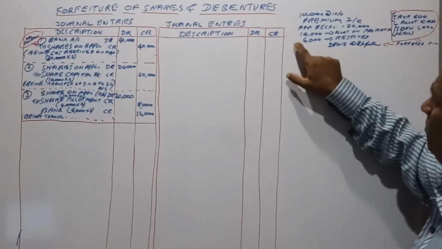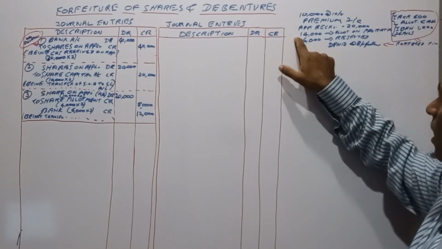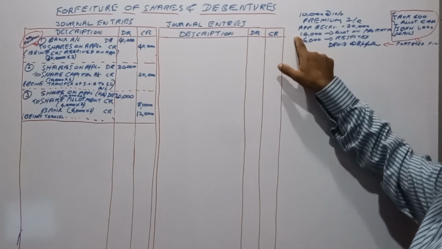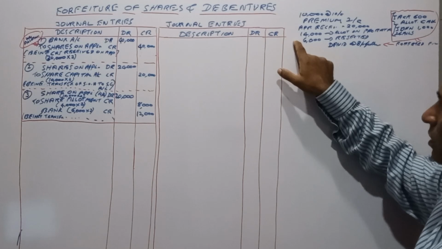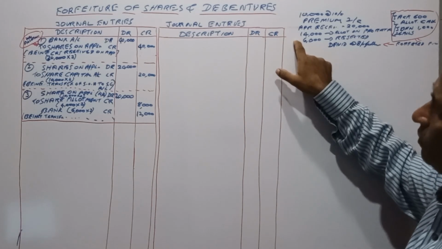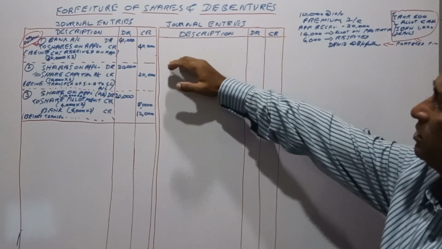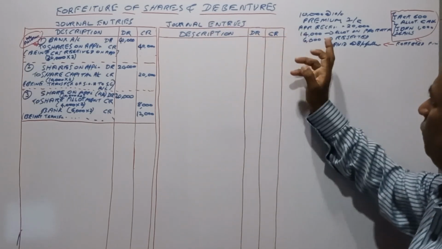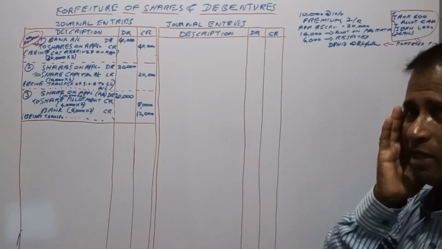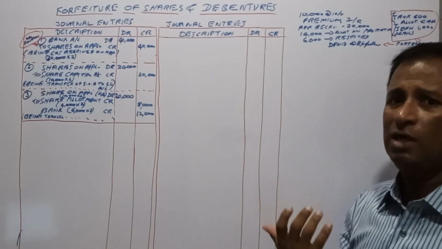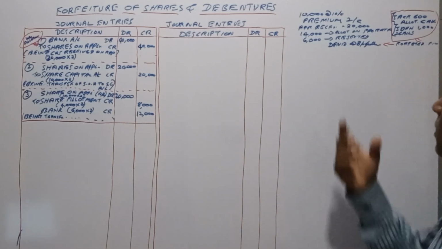So the company decided to allot on a pro rata basis against 14,000 applications. The 10,000 we have already passed the entry for share capital. Then 4,000 is advance received. We have to treat that as an advance received at the next level, the allotment level.